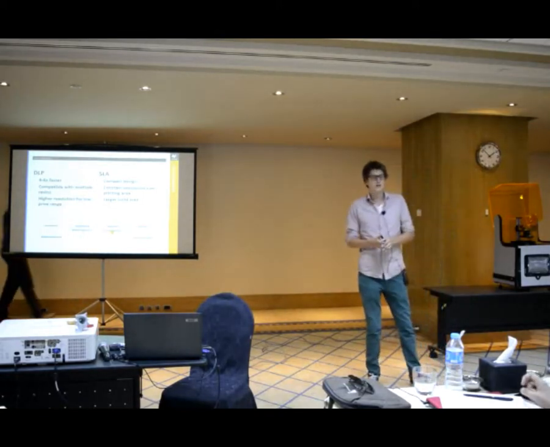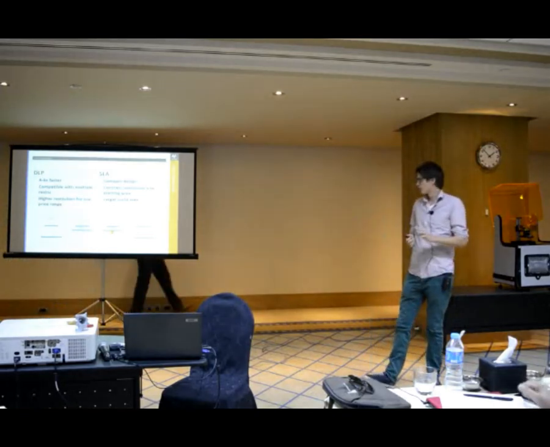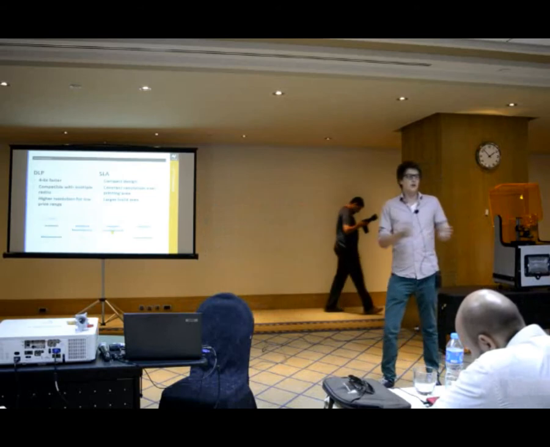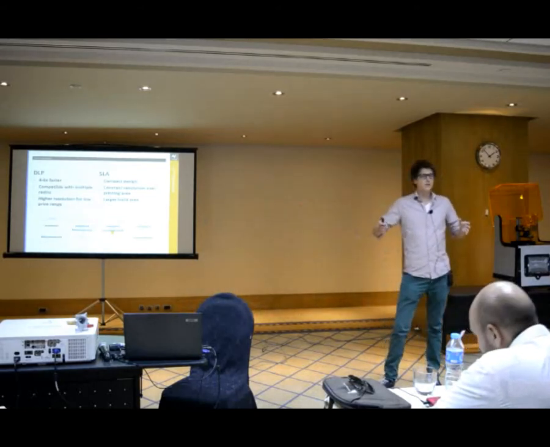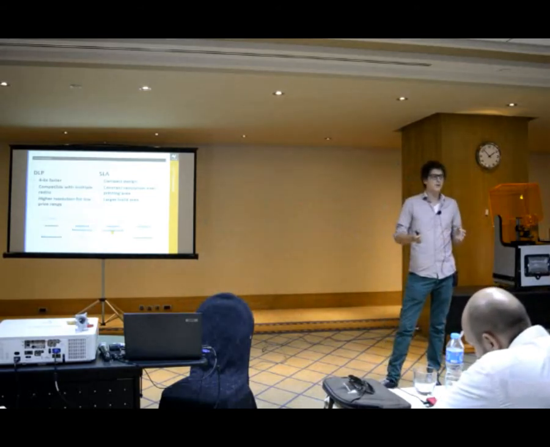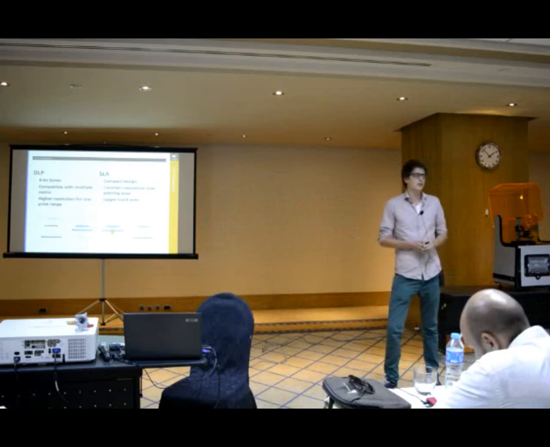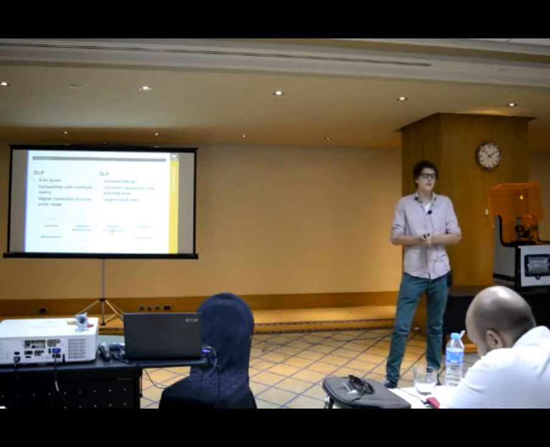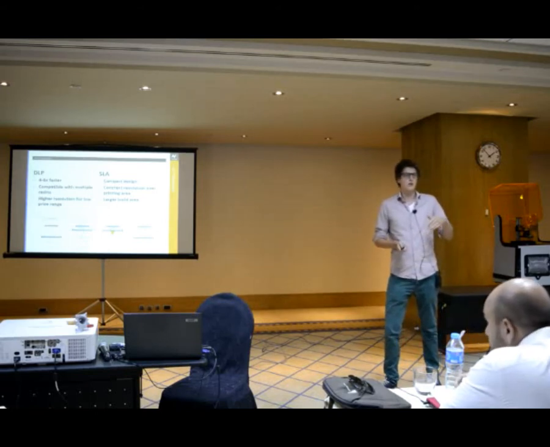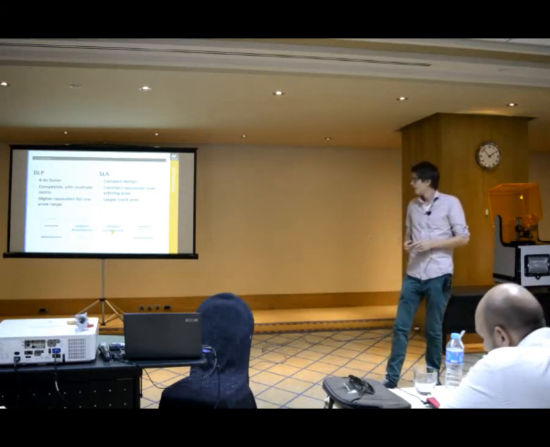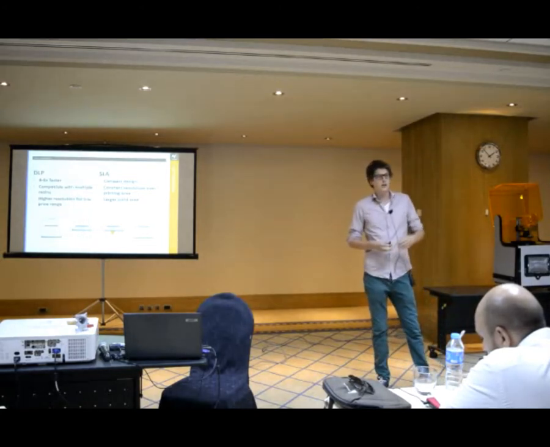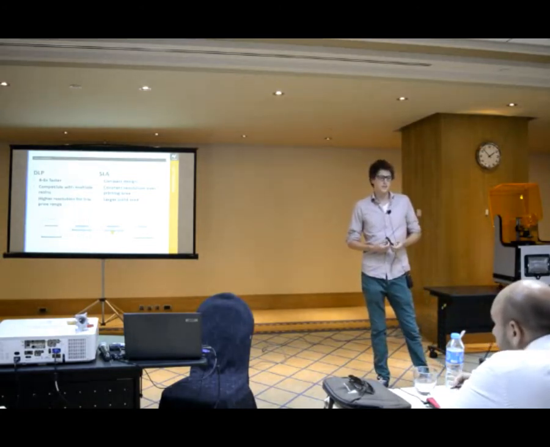So for the DLP, it's faster, 4 to 6 times. It's compatible with multiple resins because it uses a wider range of wavelengths, compared to a laser, which, as you mentioned, is monochromatic, so it usually only works for one type of resin. And finally, the DLP has a higher resolution in the low pricing area.